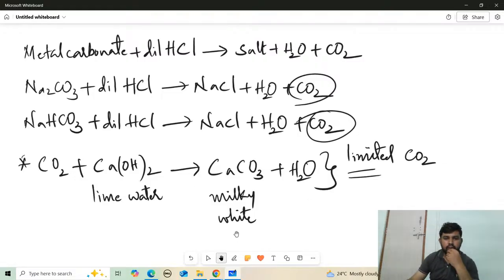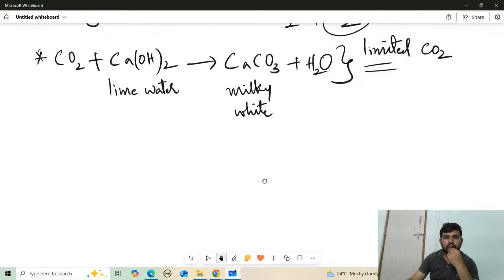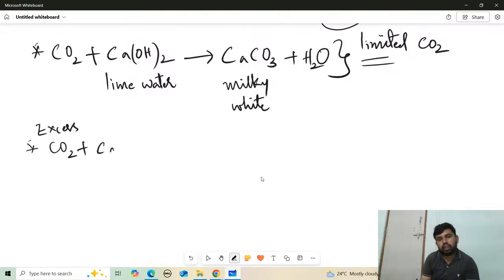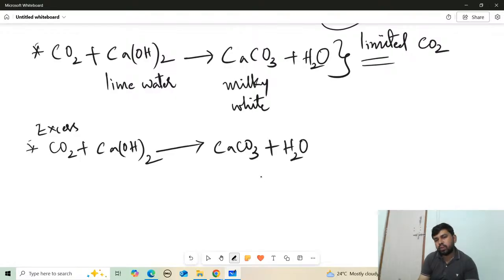Suppose we are passing the same CO2 in excess amount. Remember, I'm writing this equation for excess CO2 to the lime water. First, generally it will form CaCO3, right? CaCO3 plus H2O plus again we are passing CO2.